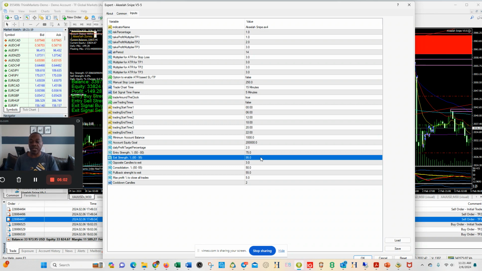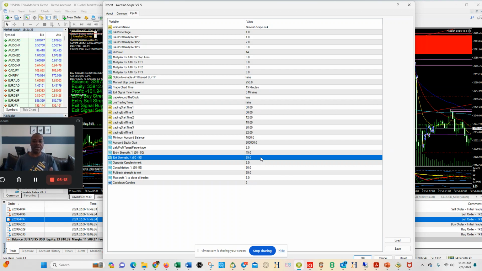We can specify this up to 100%. I'm using 95%. I'm saying if I've gotten to 95% strength on that market, it's probably time to either take some partials or completely get out of that position and wait for a different entry.